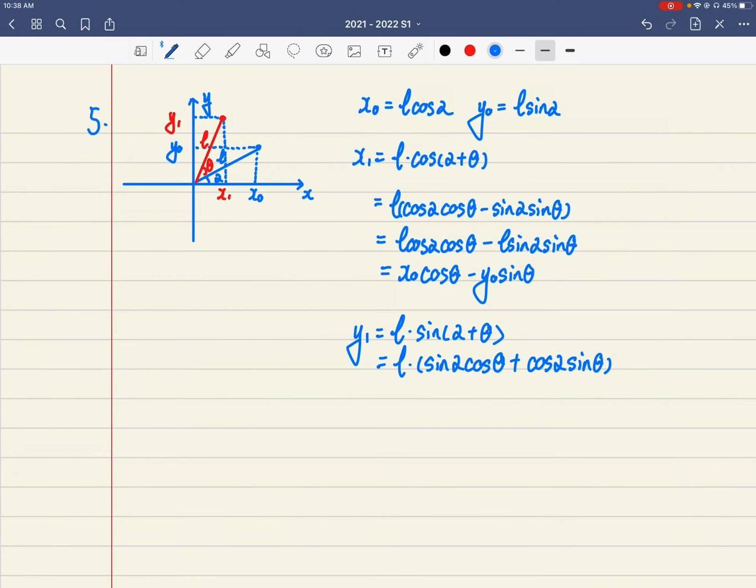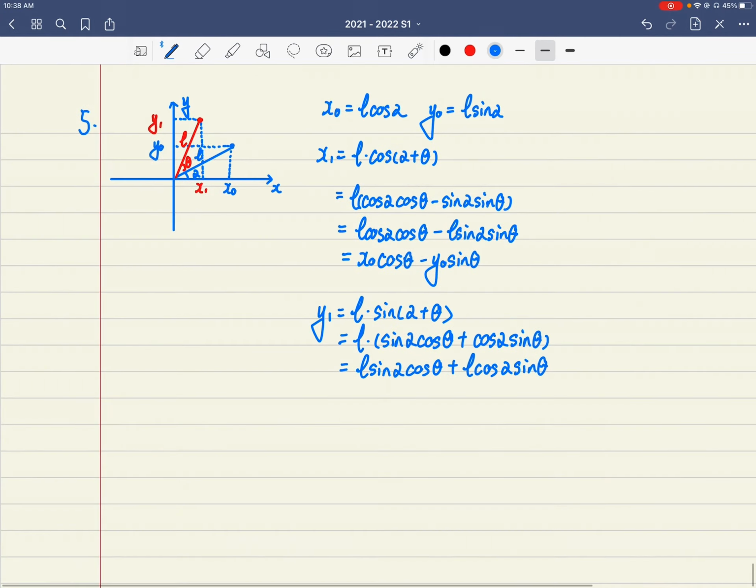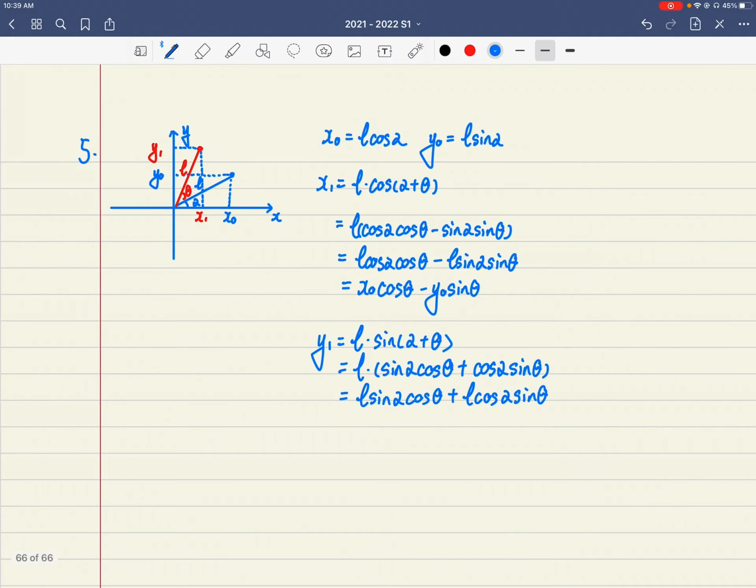It is the length L sine alpha times cosine theta plus the length L cosine alpha times sine theta. L sine alpha is y naught, and L cosine alpha is x naught.